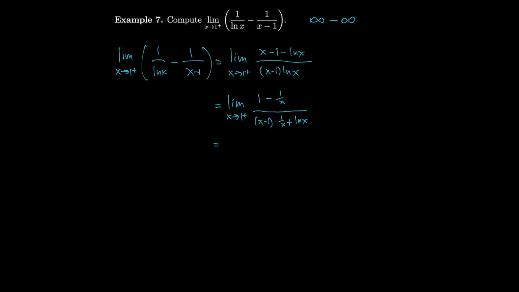Okay, so now how about we get rid of these x's in the numerator and denominator by multiplying the numerator and denominator by x over x. So we should get x minus 1 over x minus 1 plus x ln x, because we multiply everything by x.